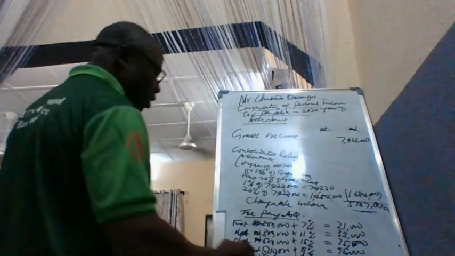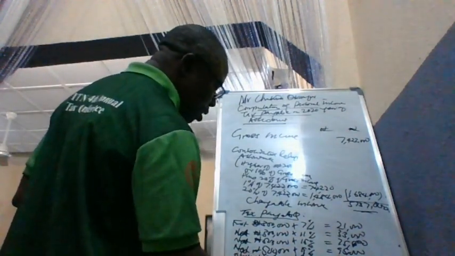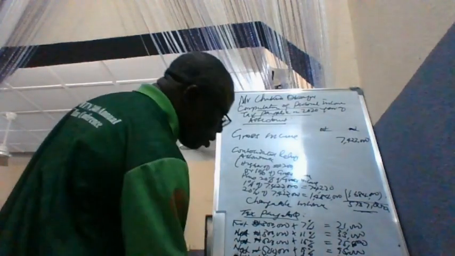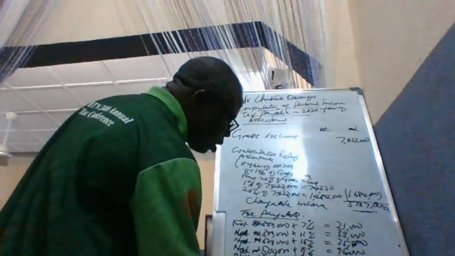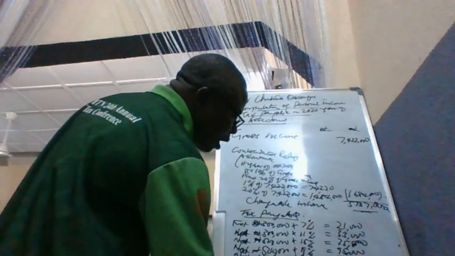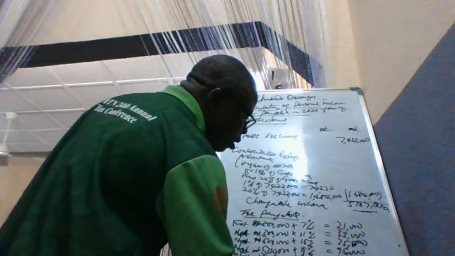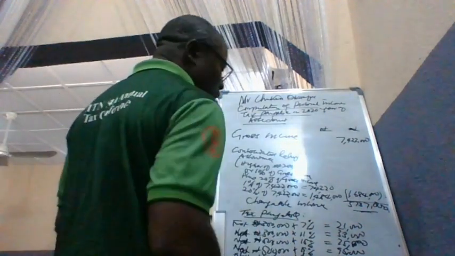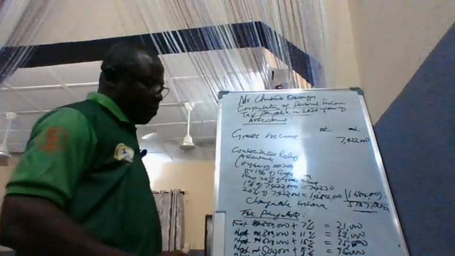This is the total taxable. So this is what Ugochukwu is expected to pay.